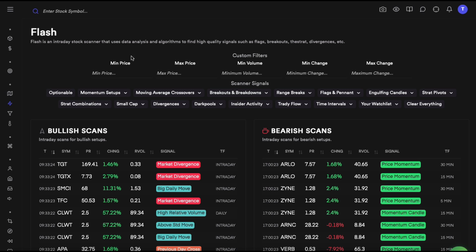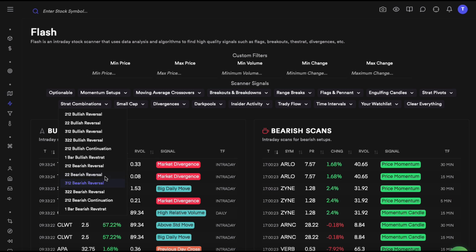So similar to other scanners, we have filters for minimum price, maximum price, volume, change, and then we have all the scanners here. Momentum setups, moving average crossovers, breakouts, breakdowns, range breaks, flags, pennants, engulfing candles, candlestick patterns, small cap, and strat combinations, which is a strategy.